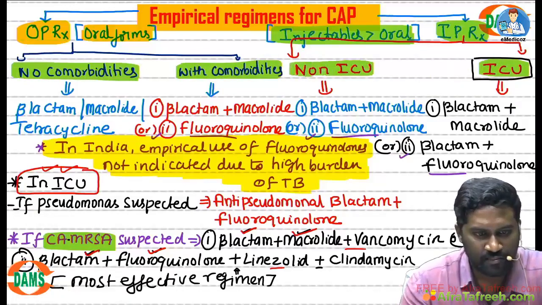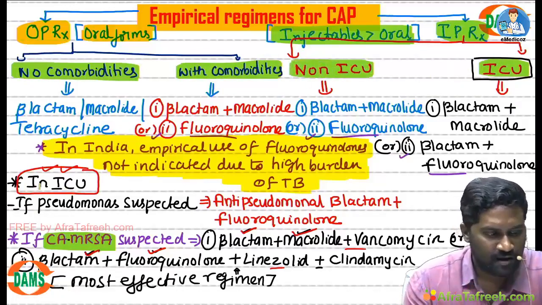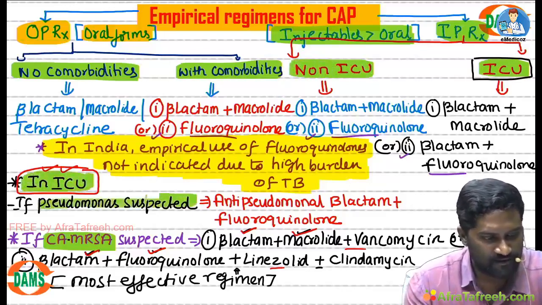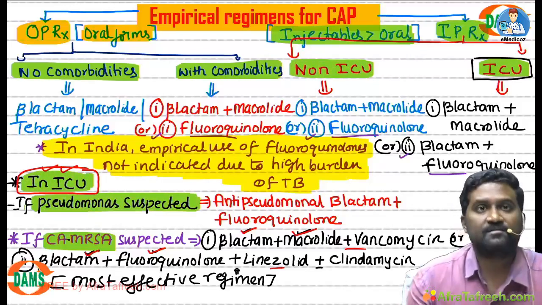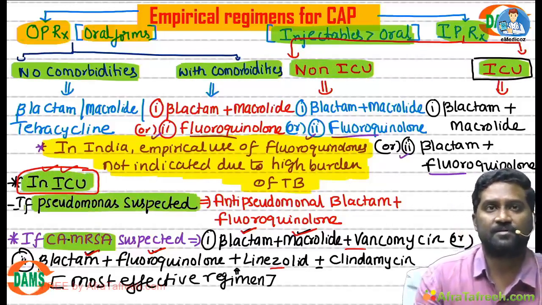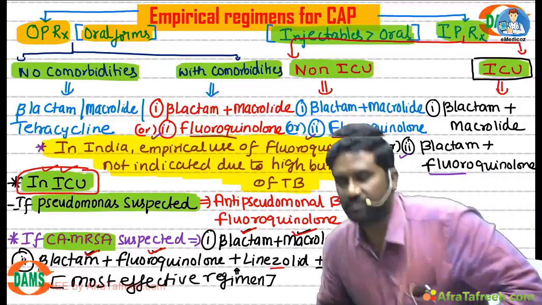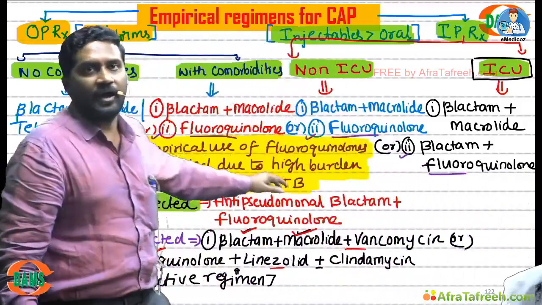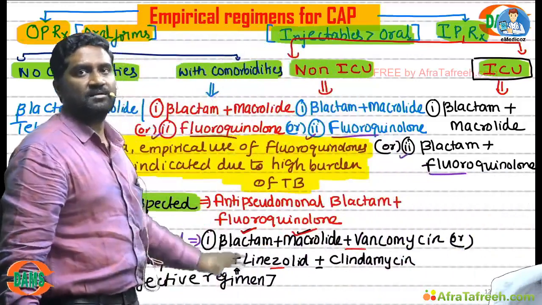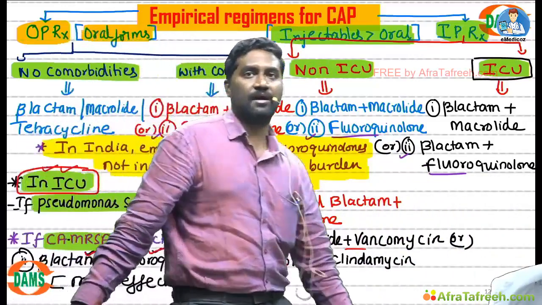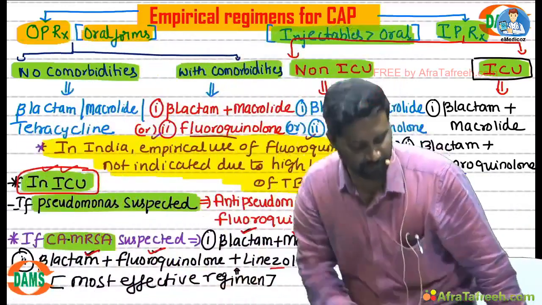If he is not in the ICU, what is the regimen? And in ICU, special considerations. If Pseudomonas is suspected, what should you give? If community acquired methicillin resistant staph aureus is suspected, what should you give? So in this single table, I have completed the empirical regimens of community acquired pneumonia according to the 20th edition of Harrison.